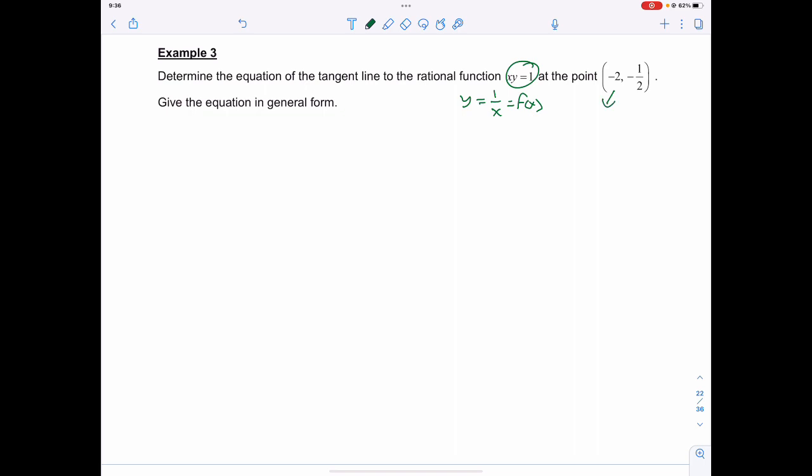From the point of tangency, we know that a is equal to -2, and f of a, or f of -2, is equal to -1/2. Those are the three pieces that we need.